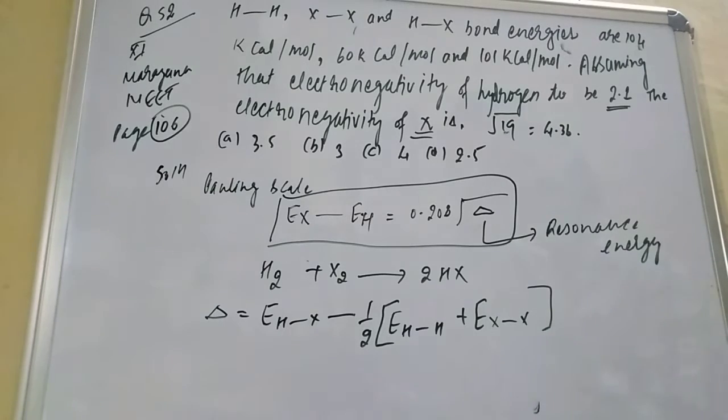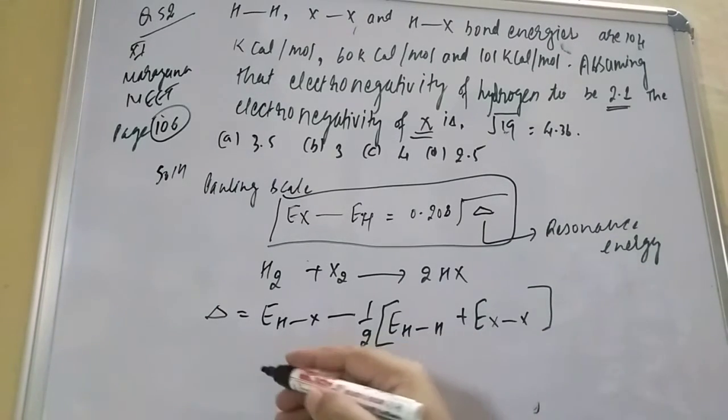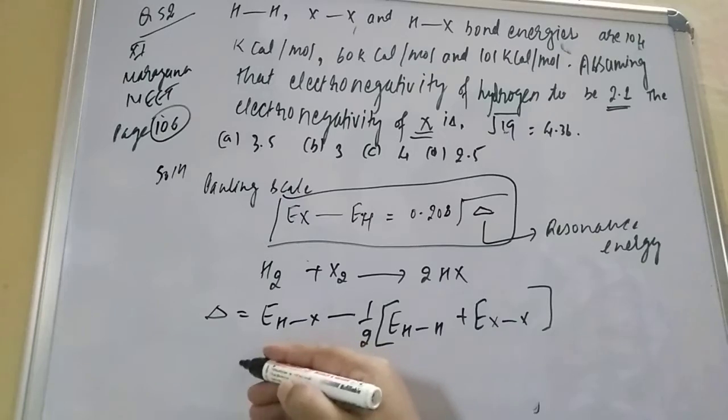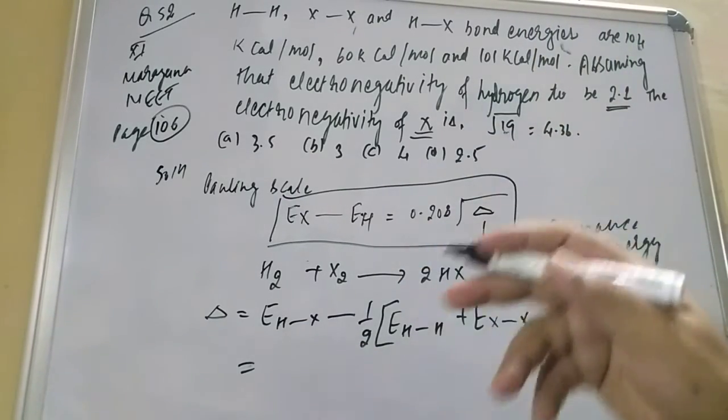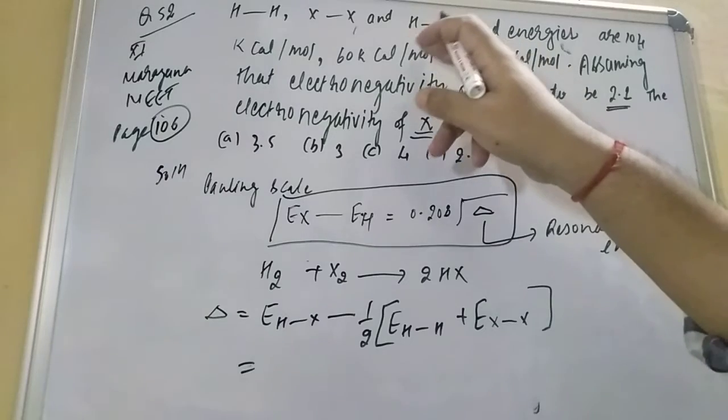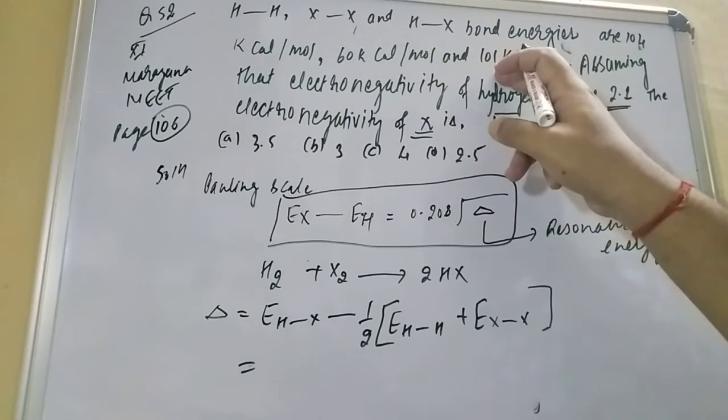Now you see, student, how to calculate. For EHX, the bond energies are given. The HX energy they have given is 101.